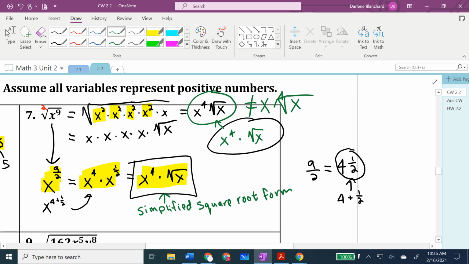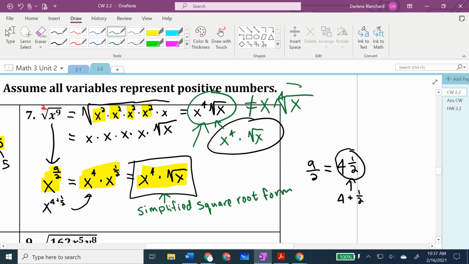If I don't specify that I want you to simplify your answer into a simplified square root form on a test, I haven't clarified enough to you to expect that simplification. But if I do state to simplify and write the final answer in simplified square root form, then you need to make sure to write the answer in this manner, which, just to make sure we are clear, this is the textbook way to write it, which you can write it that way.